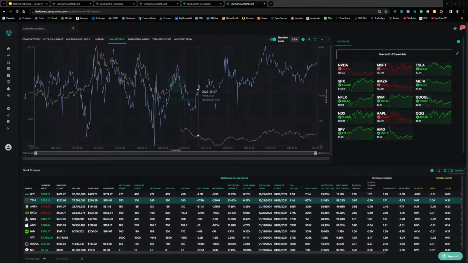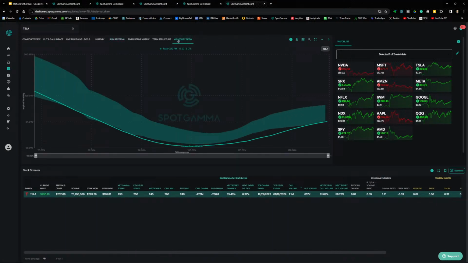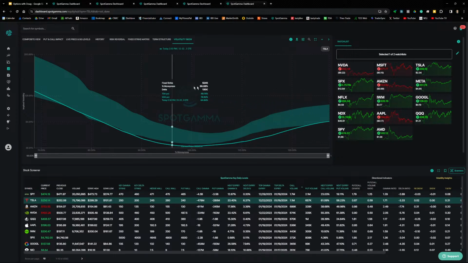And let's take a look at this volatility skew. All right, so the skew is showing some demand for calls with the upward slope to the right. Again, I need to spend more time with this chart. This is something that's new.